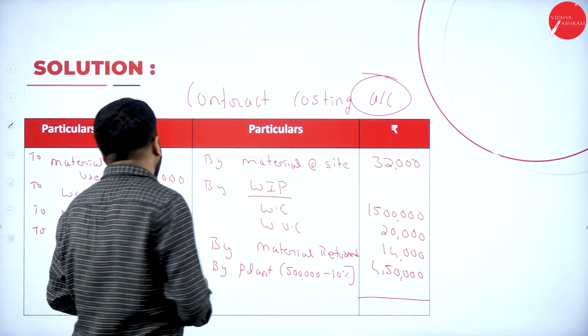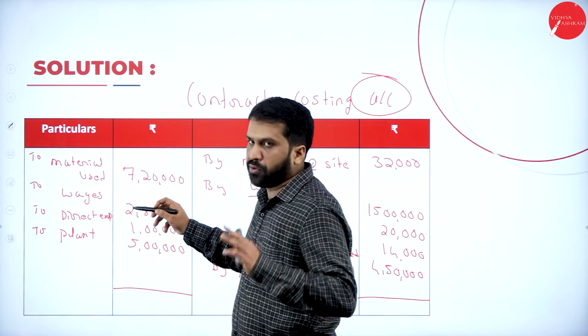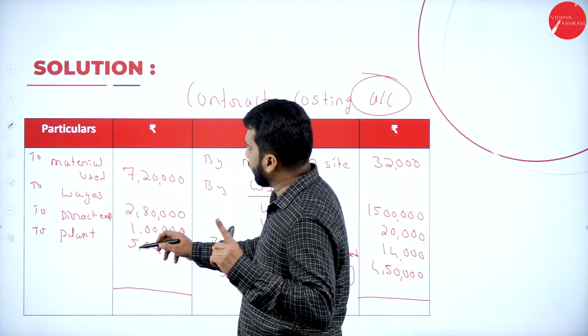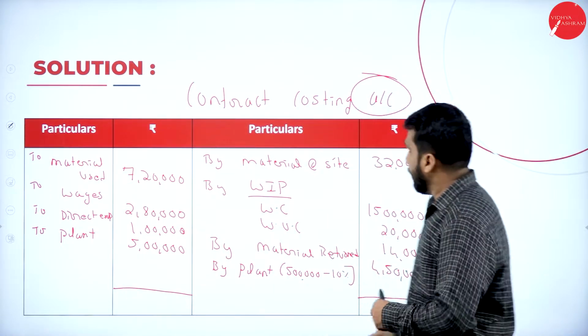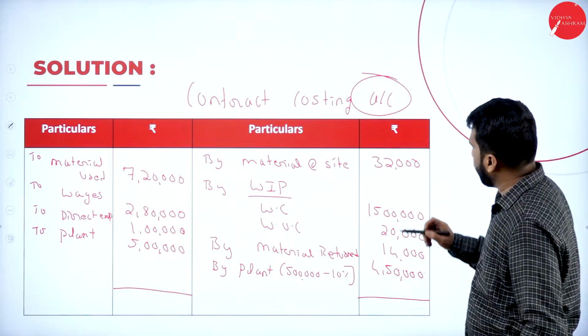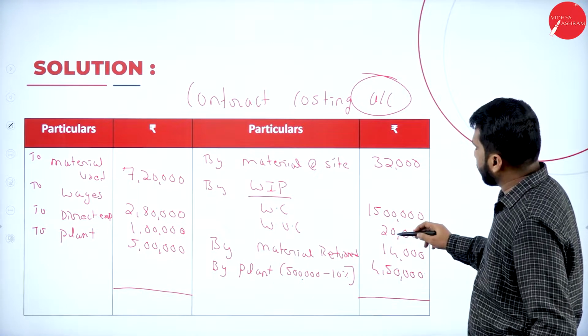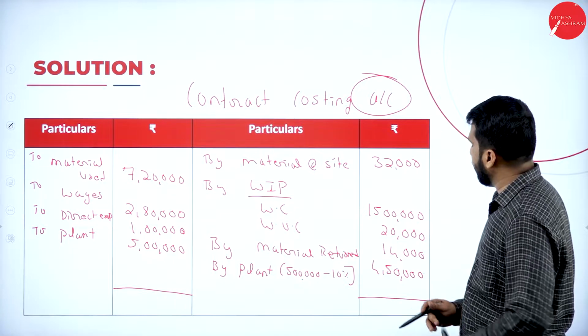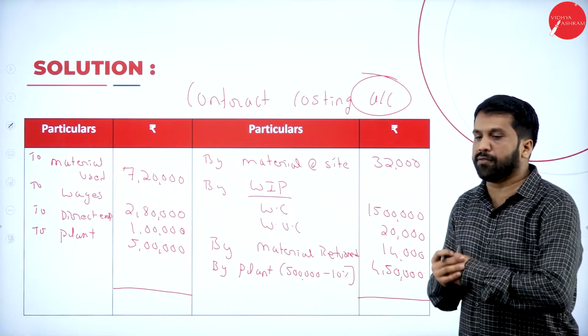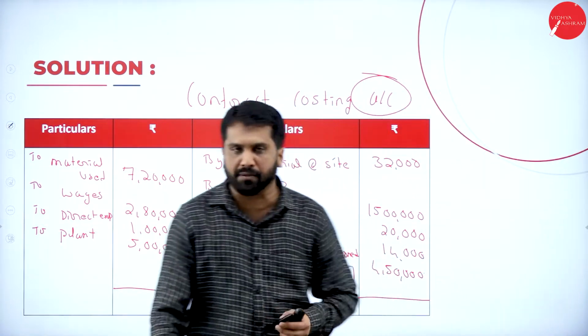If you add your debit column, 7 plus 2, 9 lakh plus 1, 10 lakh plus 5, 15 and 16 lakh. If you add this side, it will be 15 lakh plus 20, 15 lakh 20 plus 14, it will be 15 lakh 34,000. I'll go with calculation.